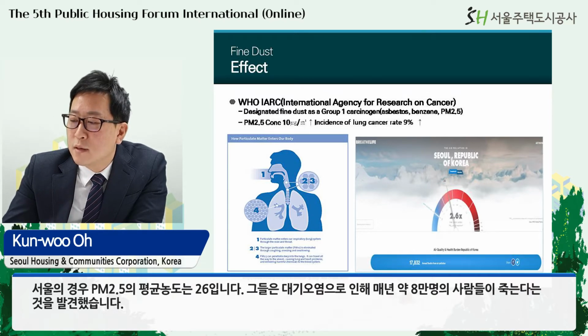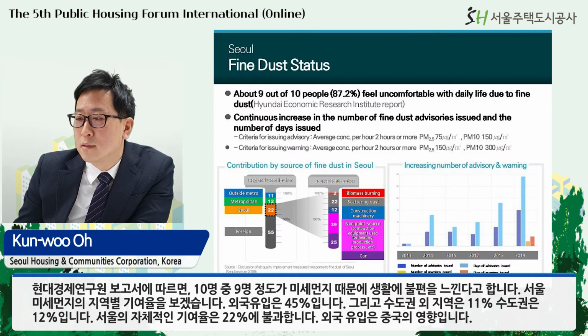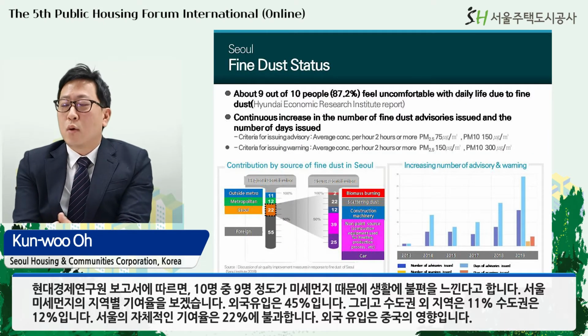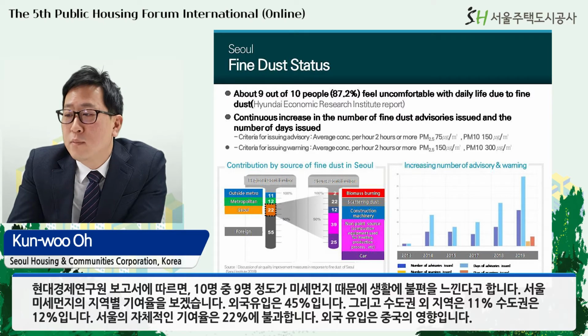They note that air pollution kills 80,000 people per year. According to a report by Hyundai Economic Research Institute, about 9 of 10 people feel uncomfortable with their life due to fine dust.